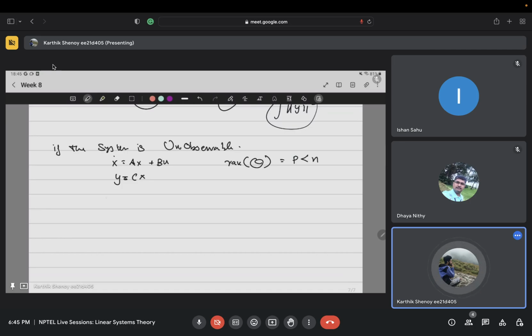Then you can write A bar equal to A observable 0, A2 1, A unobservable, where A2 1 is some coupling matrix. Just a second, let's just write it like this.